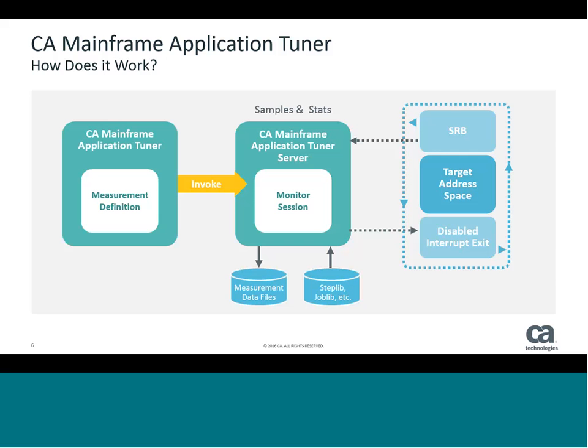So how MAT works, data is gathered using a disable interrupt exit, or a DIE exit, and a global service request block, so SRB. So we call it the DIE SRB technology. It's a non-invasive, low-density sampling technique. Sampling and runtime statistics are gathered then to identify inefficiencies in the application code, database calls, I/O access, and so on.